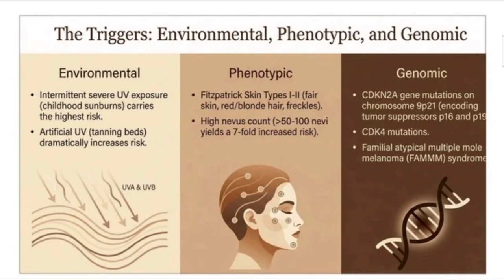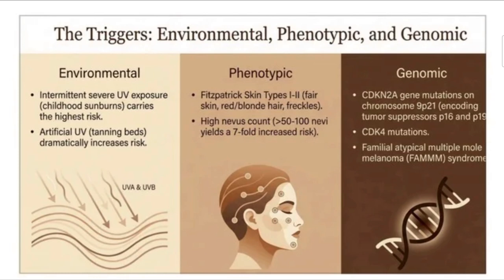So, etiology of malignant melanoma, mainly it is due to three triggers, that is the environmental, phenotypic and genomic. In environmental factors, these are the external factors which increase the risk, in which the first one is intermittent severe UV exposure, that is getting intense sunlight occasionally, especially during childhood, carries the highest risk.